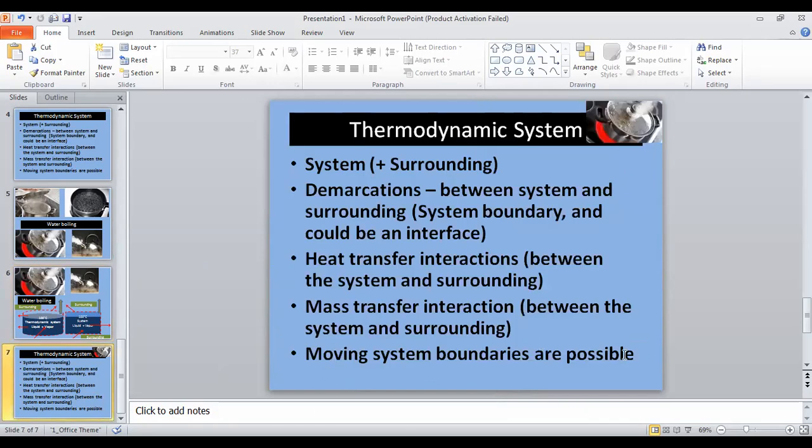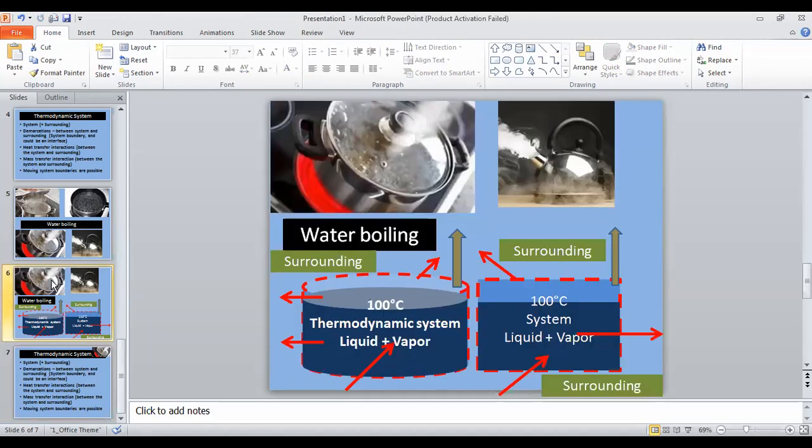So moving system boundaries are possible, but in this case, there is no change. Okay. So the volume of the system is the space of our interest of the thermodynamic system. Even outside the space of our interest is another space. That's also our interest as well. Space of the surrounding.